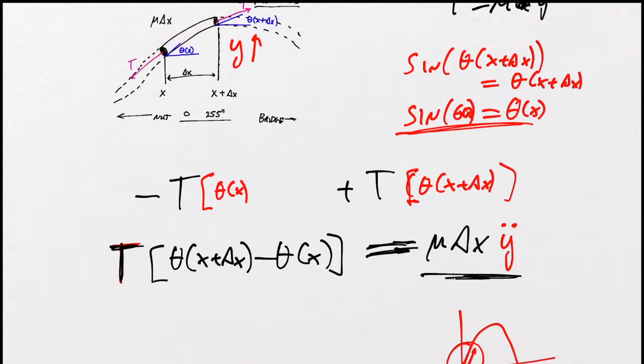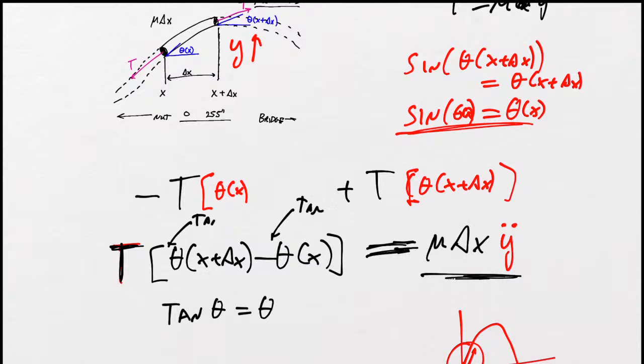The reason that's the case is that when theta is small, we also have another assumption that the tangent of theta equals theta, right? And so I can replace this with the tangent of theta of x plus delta x, and I can put little tangents in there.